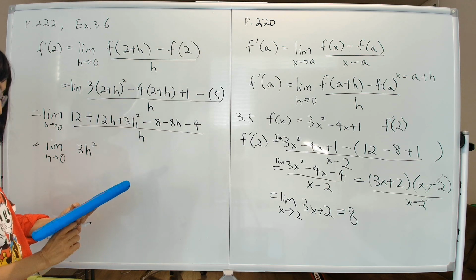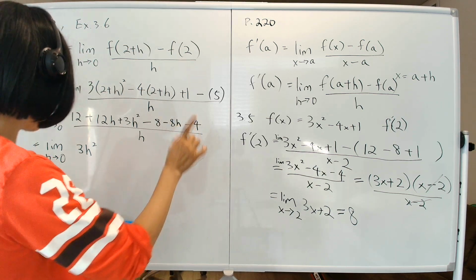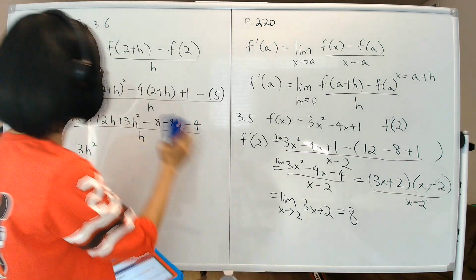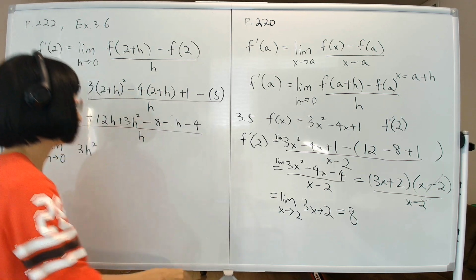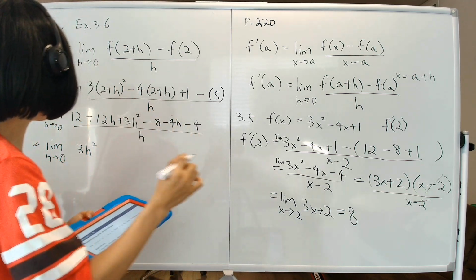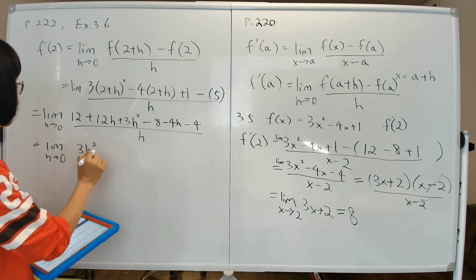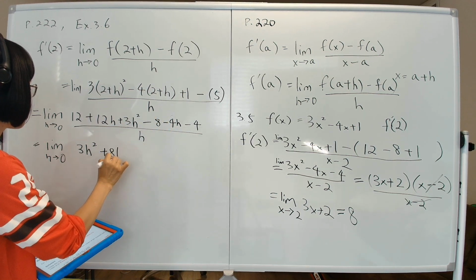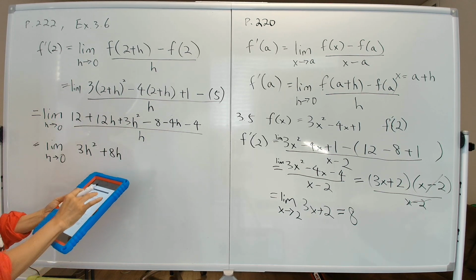Okay, there's a mistake in here. Now, 4 times h is only 4h. Why did I say 8? There, let's fix that. It's only 4h. That's much better. So 12 minus 4 is 8. Okay, that's looking a bit more pleasant.